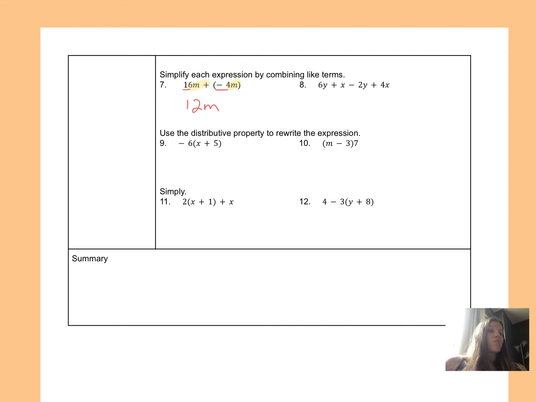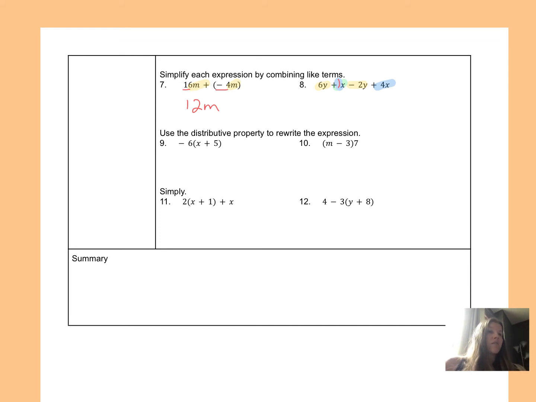Number 8, we got a 6y and a negative 2y. We also have an x, which remember, that's really a 1x if there's no coefficient there. And I have a 4x as well. So let's start with the x terms.